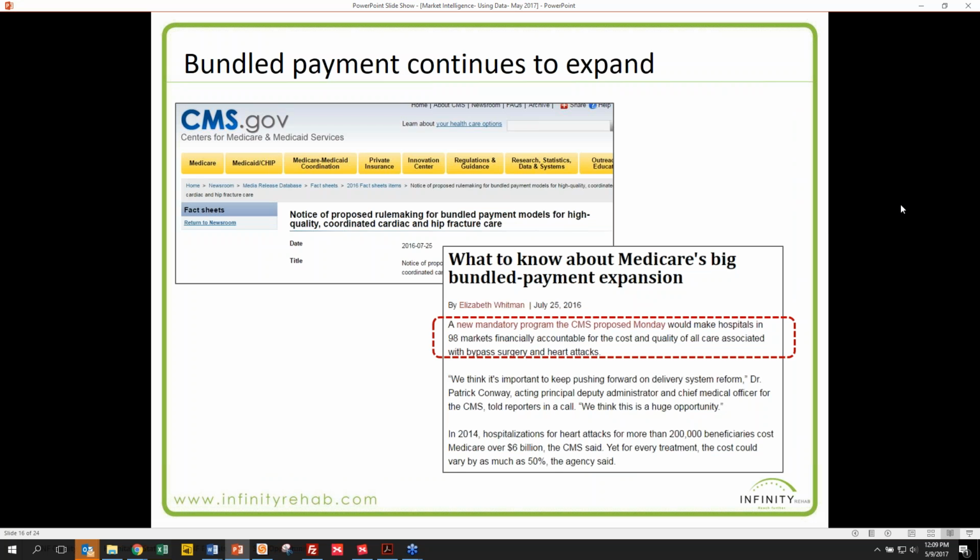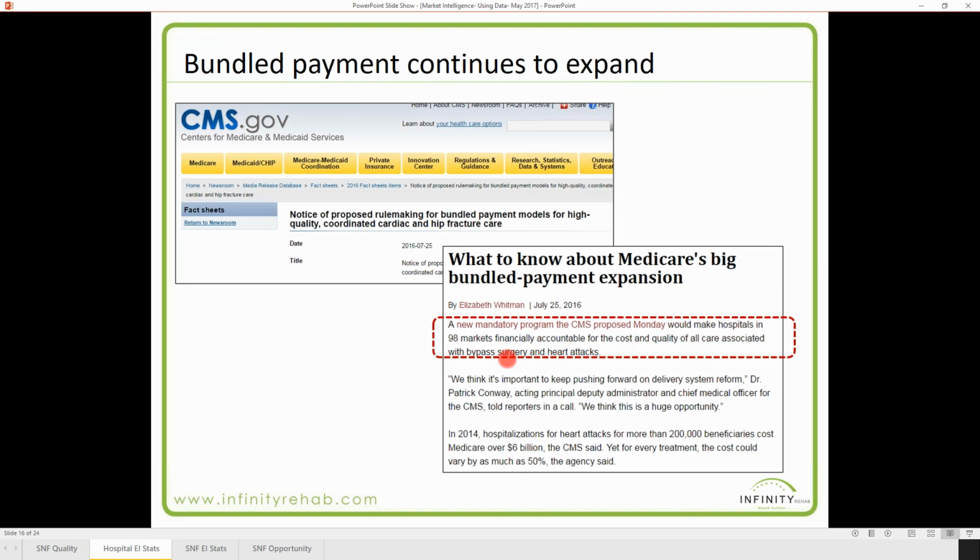And same thing, the promise of bundle payment for managing Medicare costs is so good. Medicare actually then came up with another mandatory bundle called the cardiac bundle. It should take effect towards the end of this year or early next year. More markets are affected.